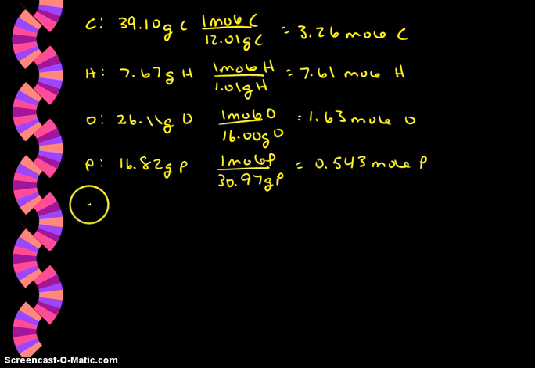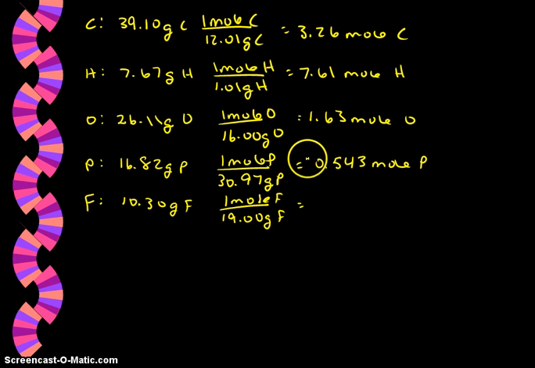And then for our last one, we have fluorine, which is 10.30 grams. 1 mole of fluorine is 19.00 grams of fluorine. So that'll give us 0.543 moles of fluorine.